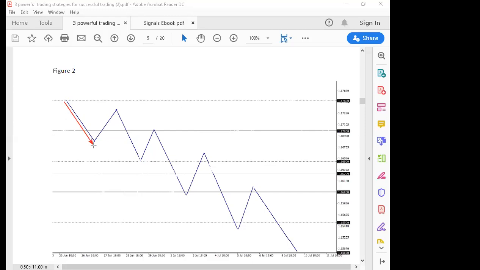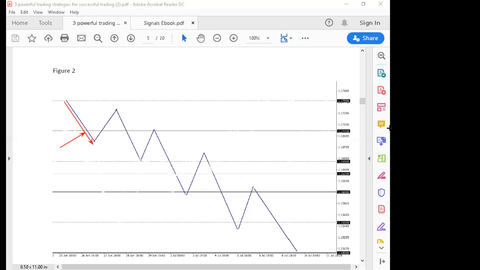Now, what you need to understand firstly is that what happens here is what's going to influence what's going to happen next, because at this 1700 level, there are institutions watching the market saying, if the euro versus the United States dollar breaks below that 1700, then I want to be a short seller.